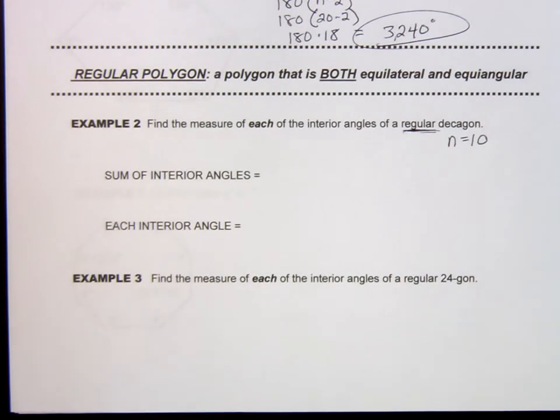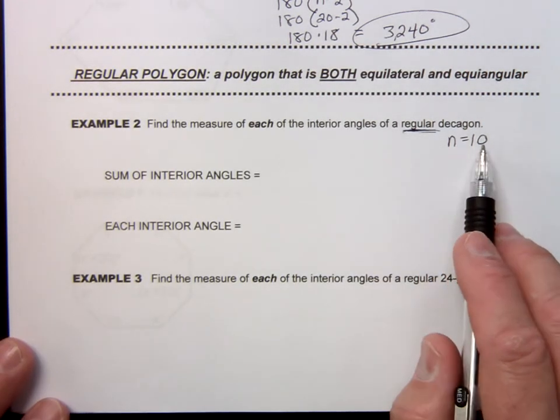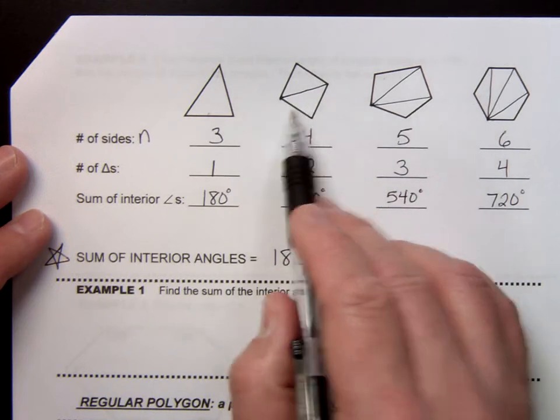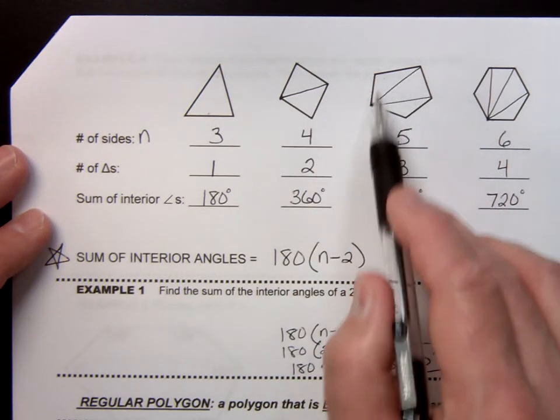Well, we just figured out how to find out what all the angles should add up to, what the sum of the interior angles is. Now, if I know that the decagon has 10 sides, it also has 10 angles. If we need to refer back up here for proof, 3 sides, 3 angles. 4 sides, 4 angles. 5 sides, 5 angles.